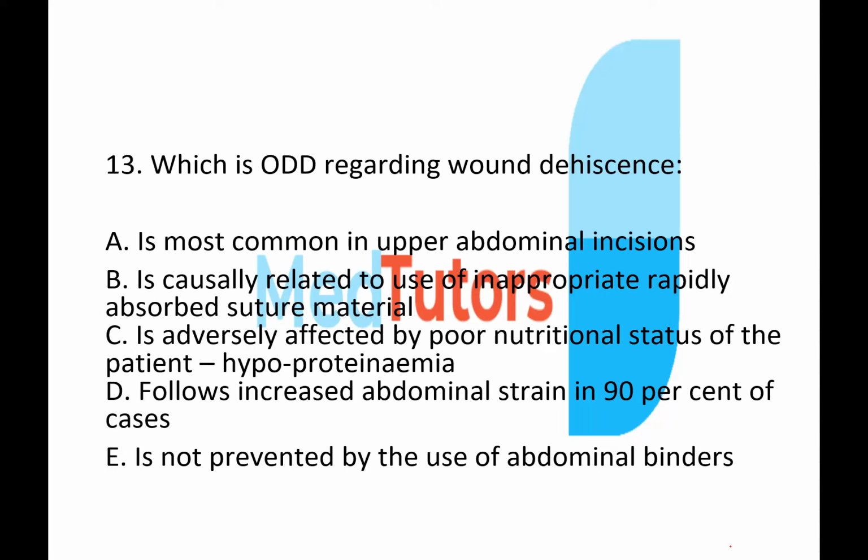Okay, let's see the other options. It's causally related to use of inappropriate rapidly absorbed suture material. Is adversely affected by poor nutritional status of the patient, like hypoproteinemia. Follows increased abdominal strain in 90% of cases. It's not prevented by use of abdominal binders.